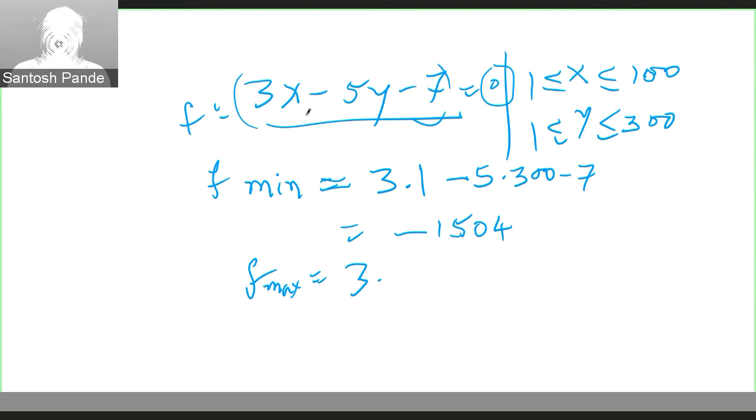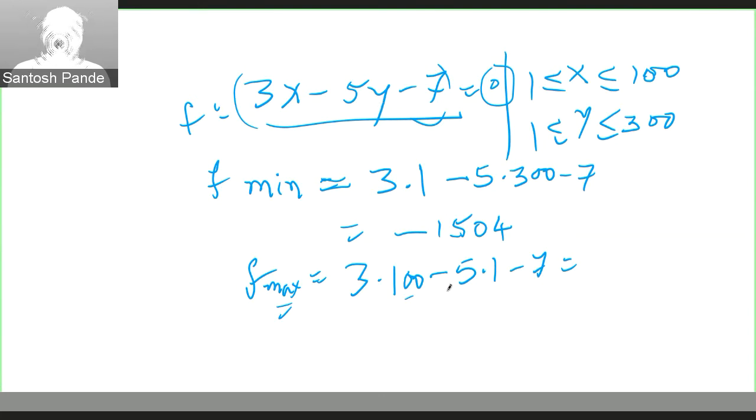So for x, with a positive coefficient, we'll choose the maximum value, which is 100. Minus 5, we'll choose the minimum value, which is 1. And then minus 7 remains what it is, a constant. So again, for the x value, since we are maximizing, we'll choose the maximum, which is 100.